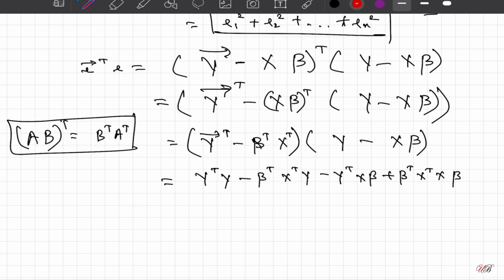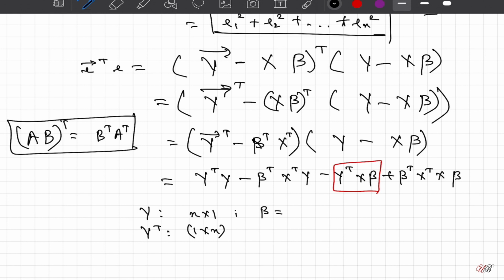Now we have to pay attention to this particular term. This is a small trick that is involved here. If you look at the size of y transpose, the size of y is n cross 1, so y transpose will have size 1 cross n.